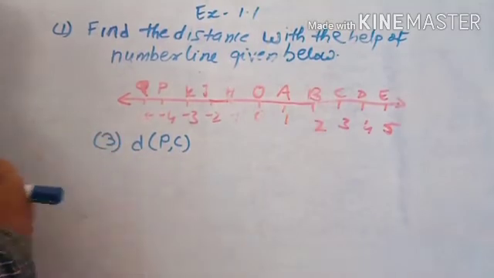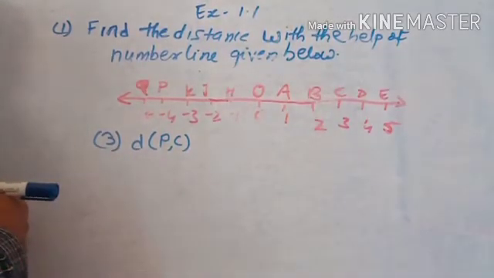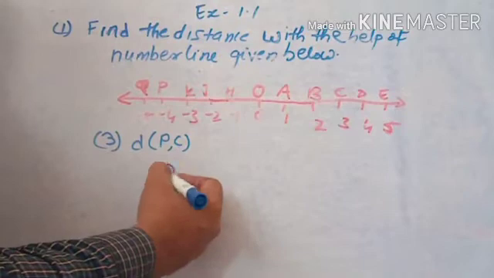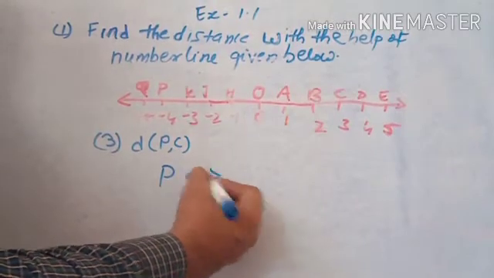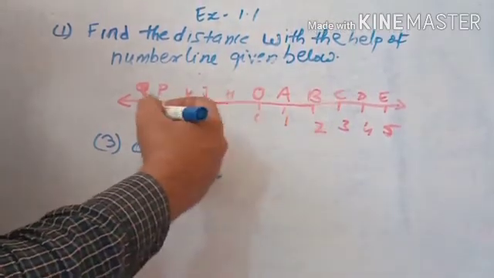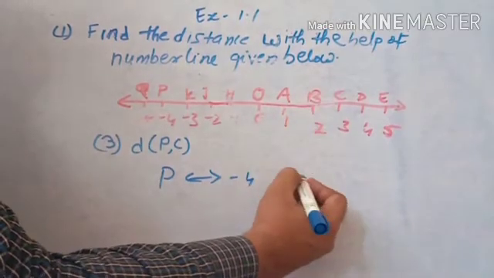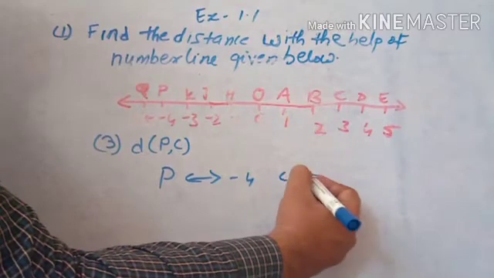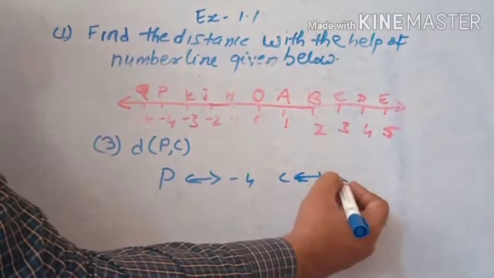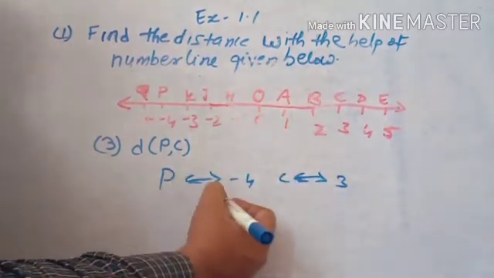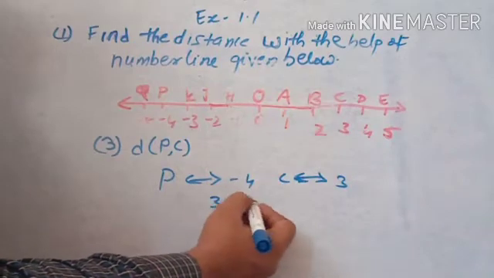Now the third one, distance PC. For that we find the coordinate of P. The coordinate of P is -4, and the coordinate of C is 3. 3 is greater than -4.